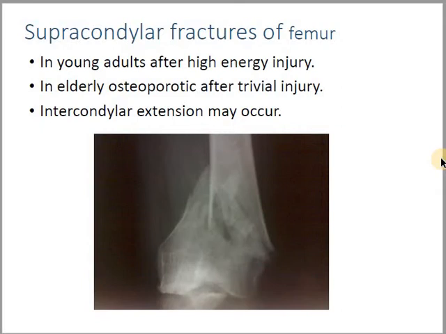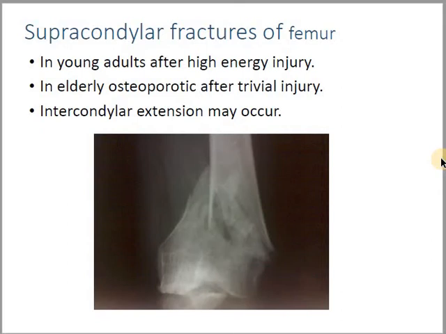Again, the rule says that in young adults these fractures happen after high energy injury, like a car accident, a fall from height, a big trauma, a motorcycle injury, as we see very often these days. But in elderly osteoporotic people it happens after a trivial injury. Someone slips in the bathroom while making ablution, someone trips on the edge of the carpet and falls. This happens with a trivial injury.